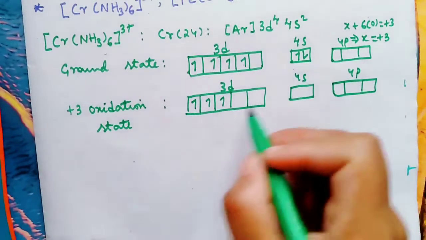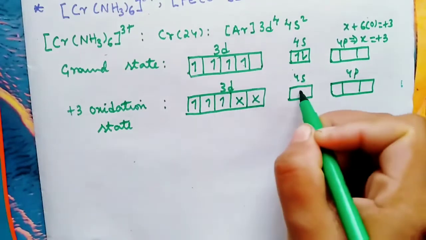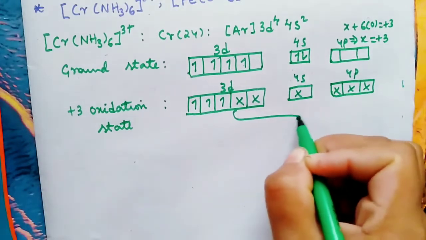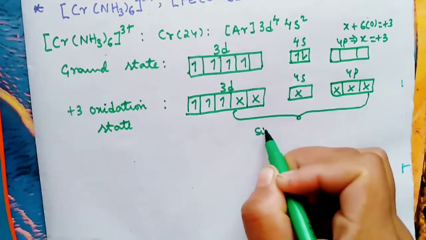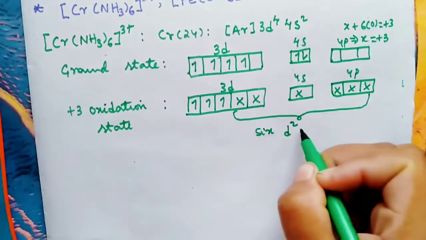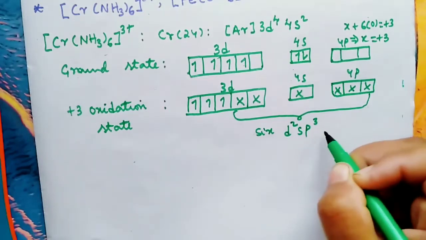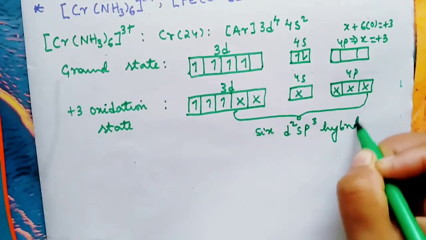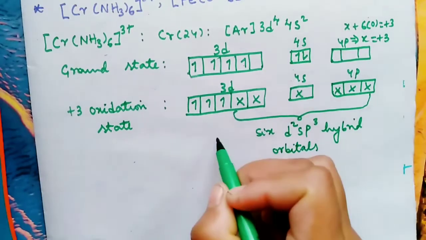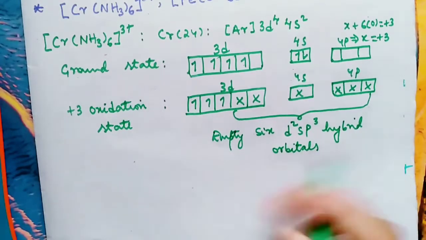Now look here, how many hybrid orbitals are there? 1, 2, 3, 4, 5, 6. These are the 6 empty d2sp3 hybrid orbitals, two d orbitals, one s and three p.